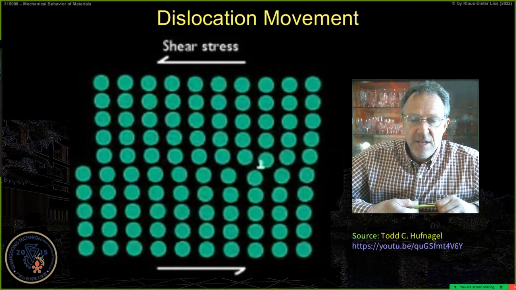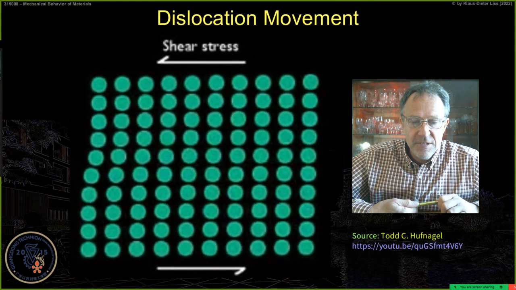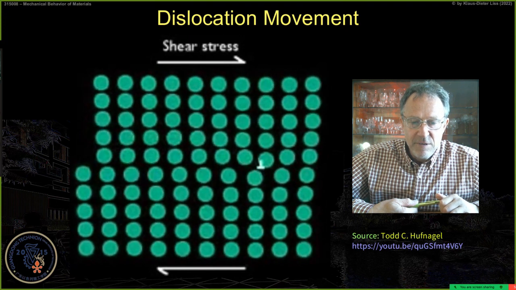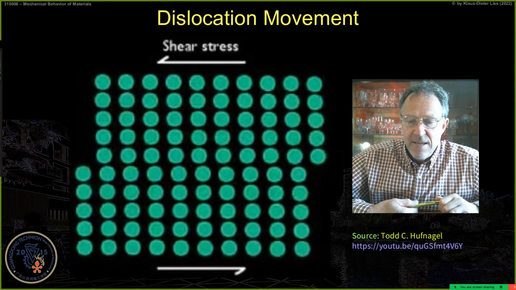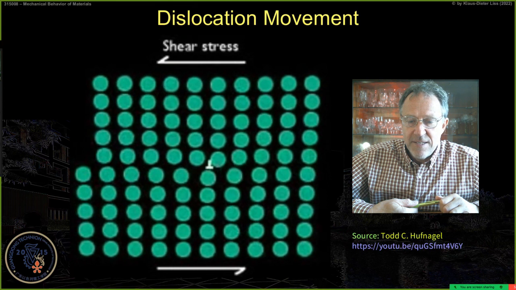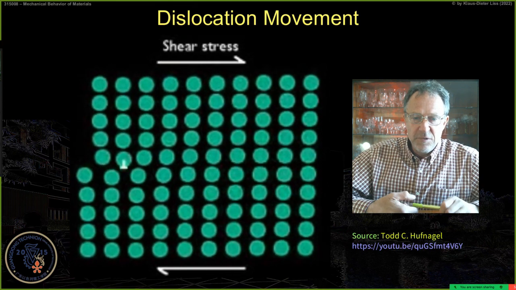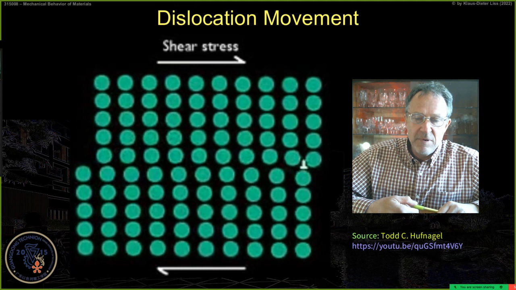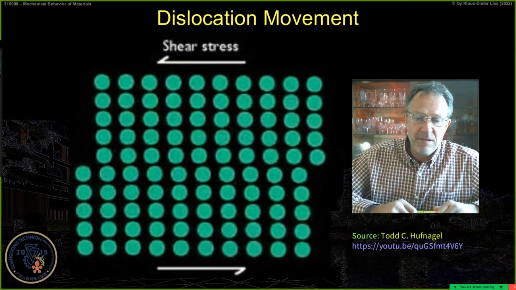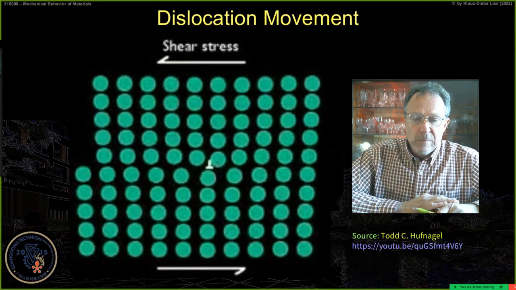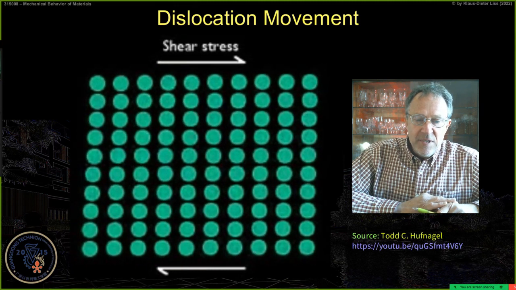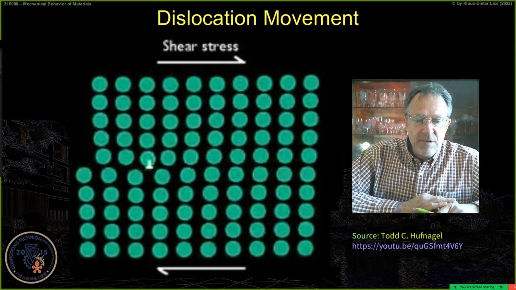Then we have the step at the surface, we inverse the shear stress and the dislocation moves back. Then we do it again, shear stress to the right, at the top we get the step, then shear stress to the left, it moves back, so it removes the step in the ideal case, or it slips on a different plane. So I hope here you can see how the dislocations move.